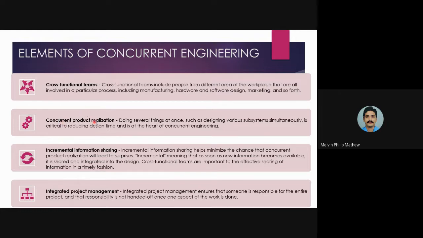Next is concurrent product realization. What does this say? It says that we first determine the product that has to be met for the demand. The demand will be very high, and we have to meet the said demand.